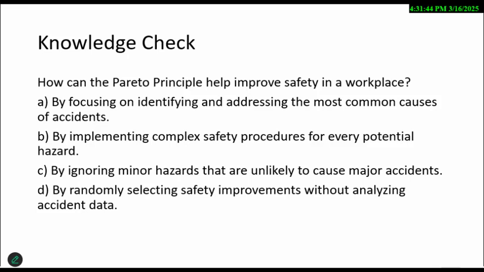C, by ignoring minor hazards unlikely to cause major accidents. D, by randomly selecting safety improvements without analyzing accident data. The answer is A: by focusing on identifying the most common causes of accidents.